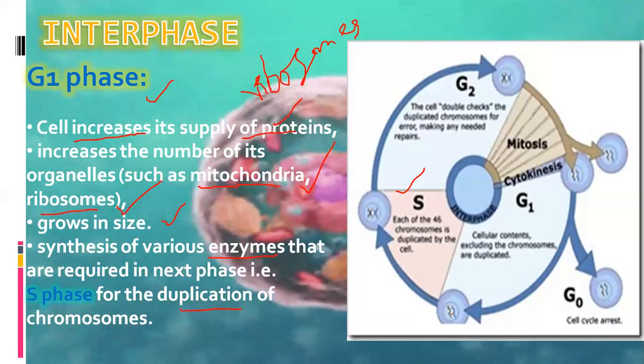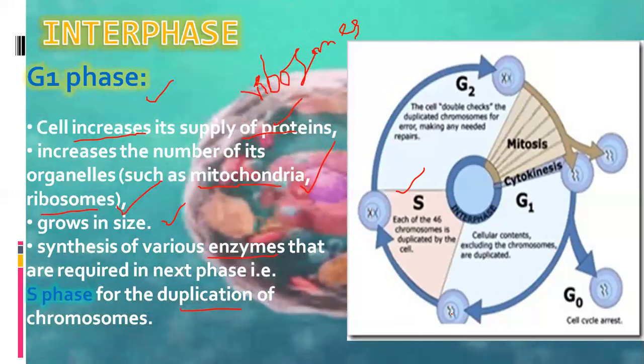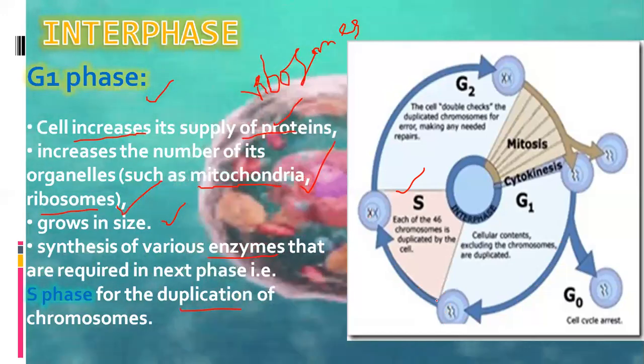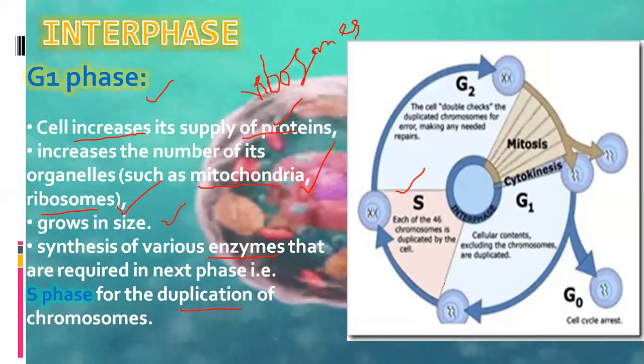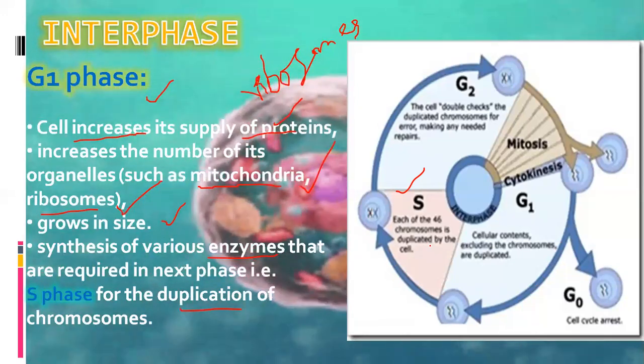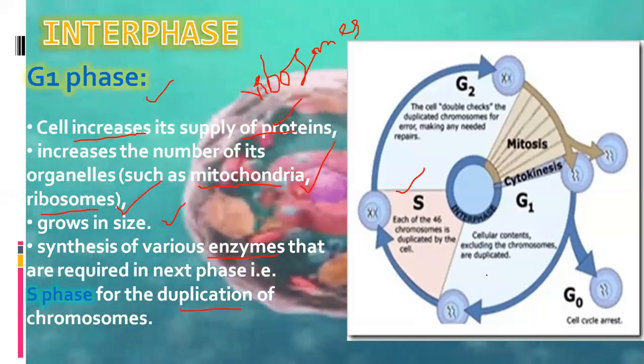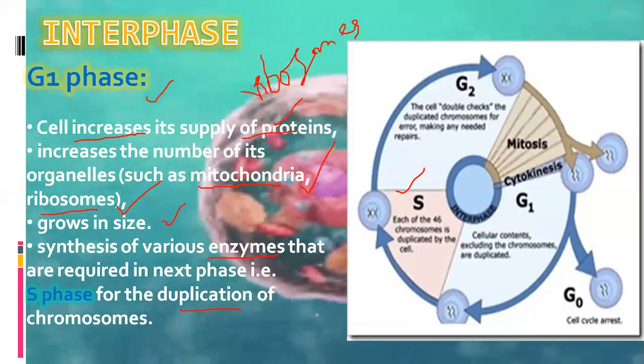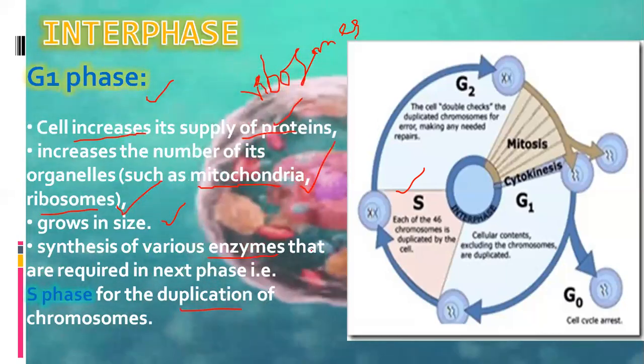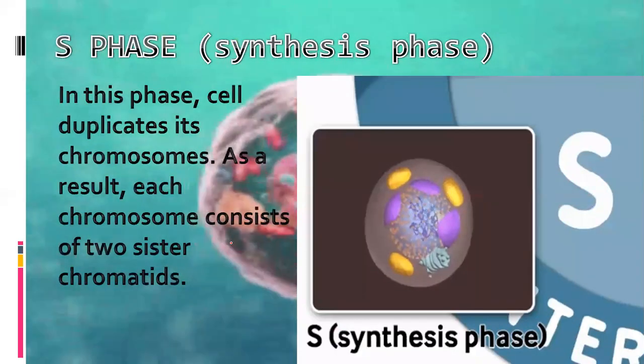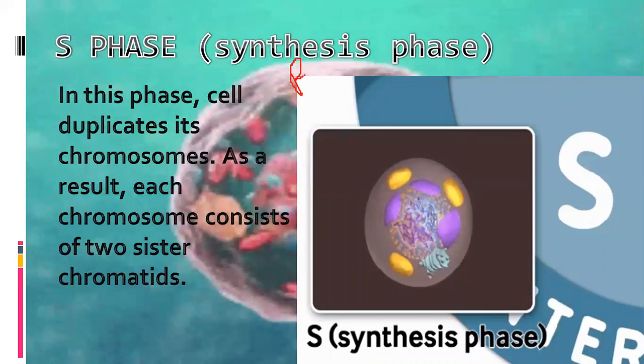It has to be duplicated, and when duplicated it will become a chromosome structure like this. This will be duplicated in the S phase, but the preparation for the S phase is done in the G1 phase in the form of synthesis of lots of enzymes. Synthesis means production, formation, or making.